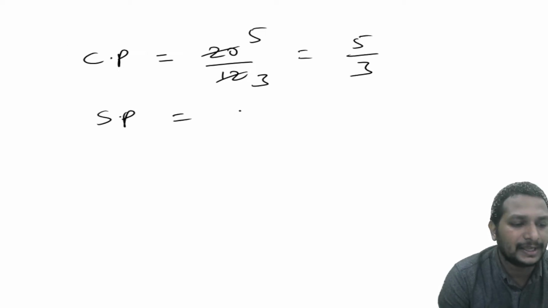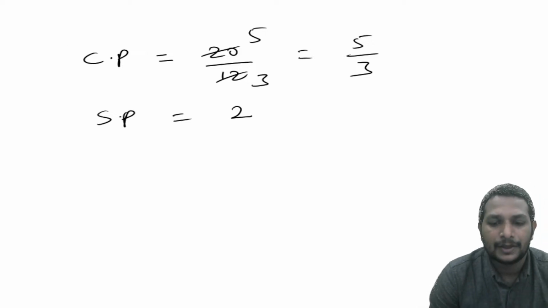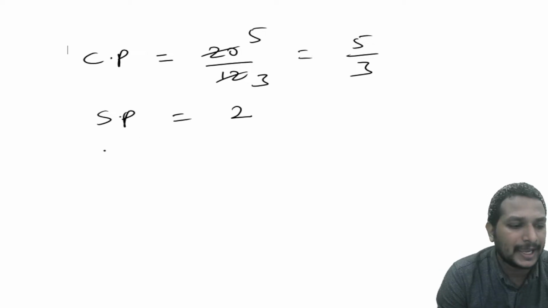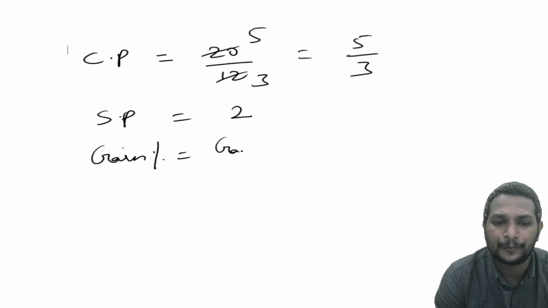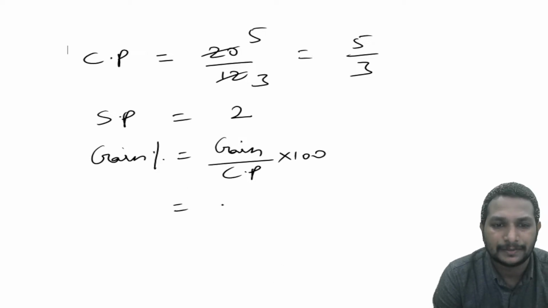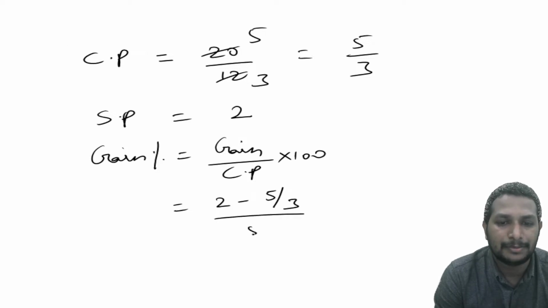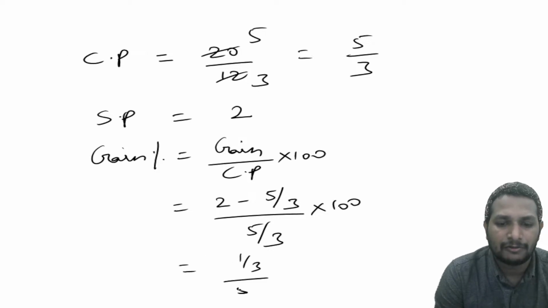Selling price of 1 egg is 2. Here they got a gain, right? Gain percentage is gain by CP into 100. Gain is SP minus CP, so 2 minus 5 by 3, divided by CP, which is 5 by 3, into 100. 2 minus 5 by 3 is 1 by 3.